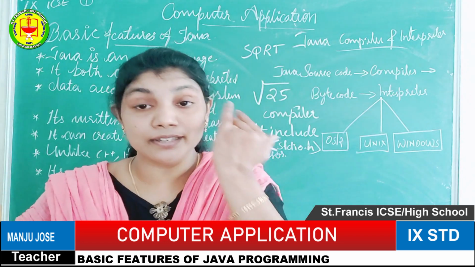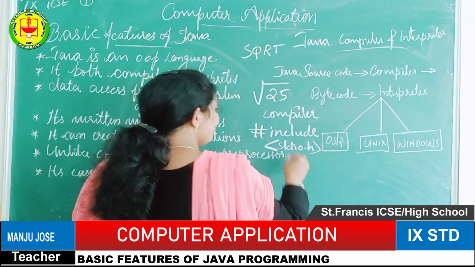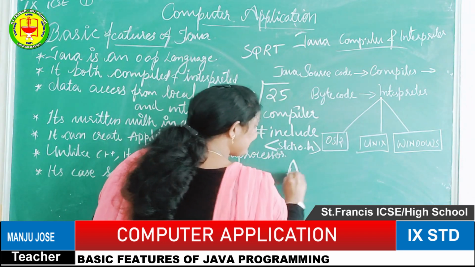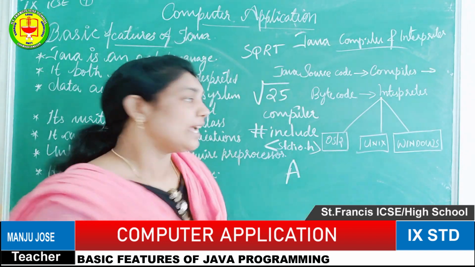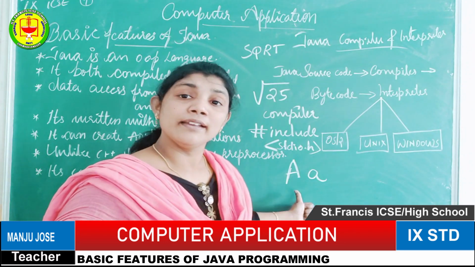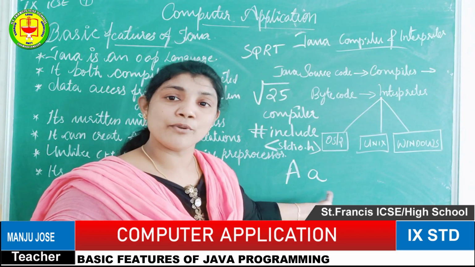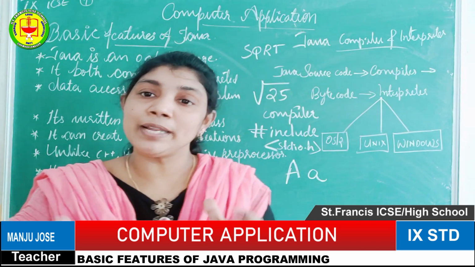So we can consider the letter A. When you input a capital A, we already know it's a capital letter A. Again, you type a small letter a. Is there any difference between capital A and small letter a? We pronounce both as A only.